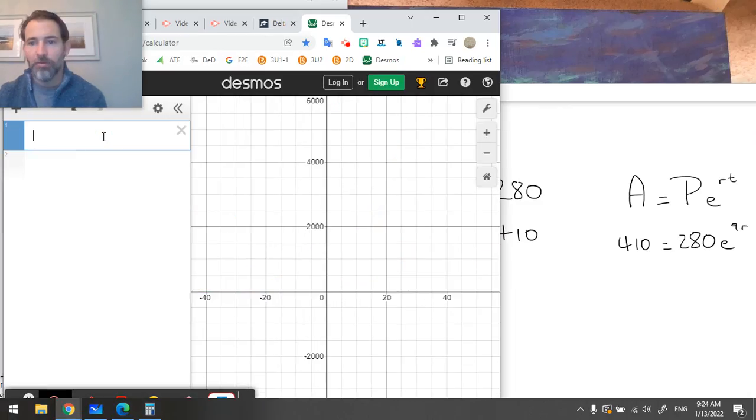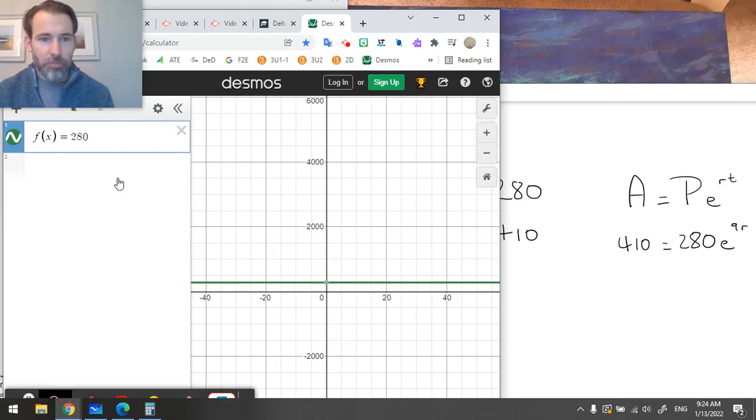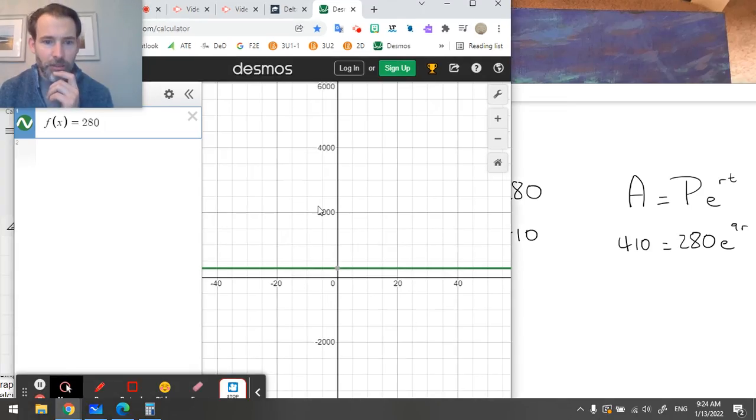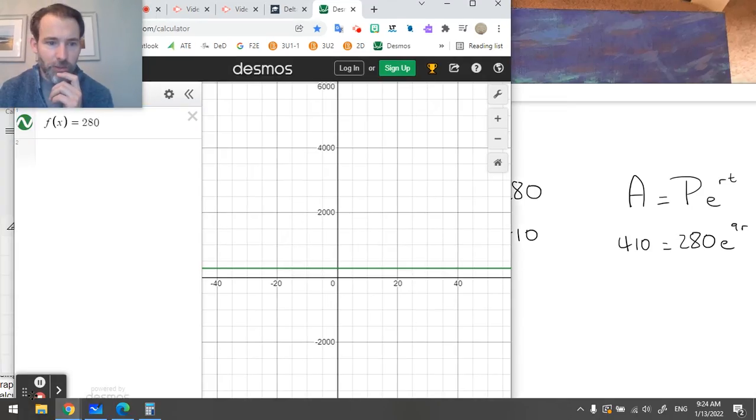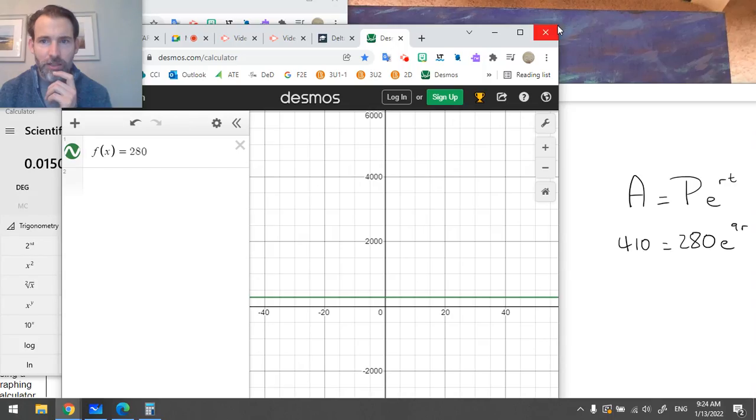And then we're going to have some f of x. Some function is equal to 280 multiplied by E. E is inside my little buttons here for Desmos, which are hidden by the way I've laid out the windows, darn it.